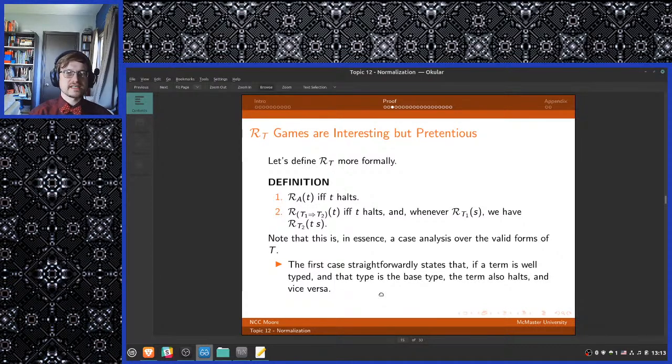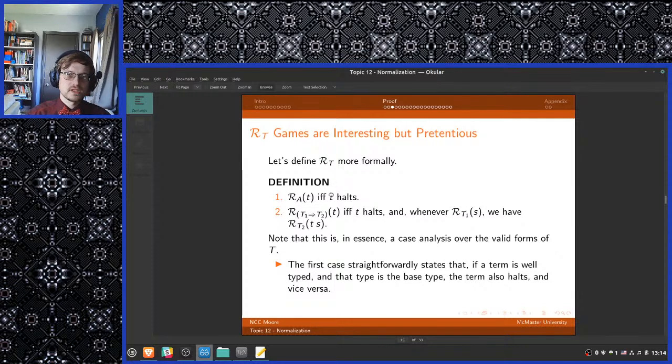So let's define R_T more formally. Essentially, we have two cases. In the case of the type A, if t is in R_A, then it halts, and vice versa. Halting and normalizing is the same thing.